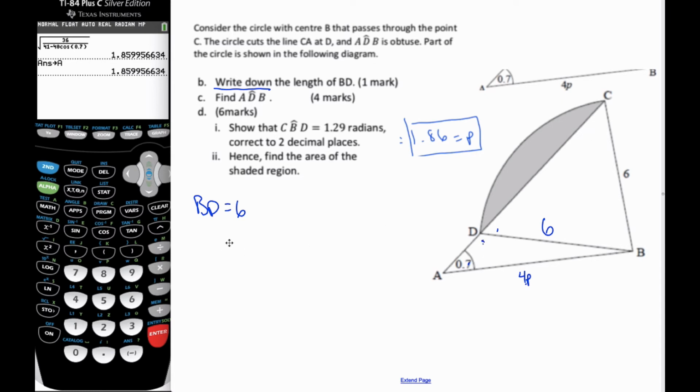And so I can say that the sine of C over 4p, over 4 times 1.86, is equal to the sine of 0.7 over 6.